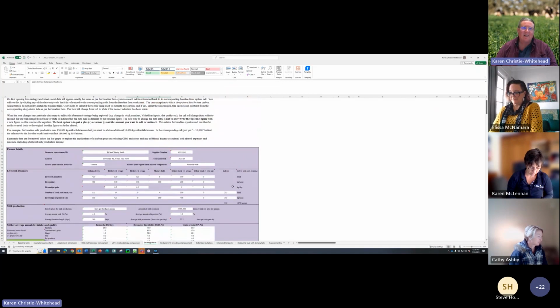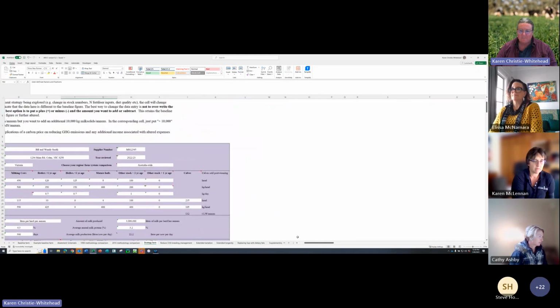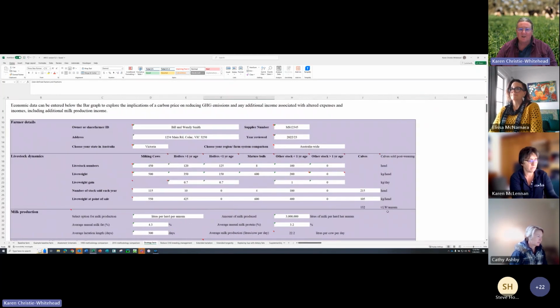We will go to that. That is an exact replica of the baseline farm, and I'll just zoom in. All the cells at the moment are white because they're an exact replica of that baseline farm. The biggest source of your on-farm emissions is enteric methane, and it's your milking cow. So if instead of producing 22 litres per cow per day, we were milking, say, 50 less cows.